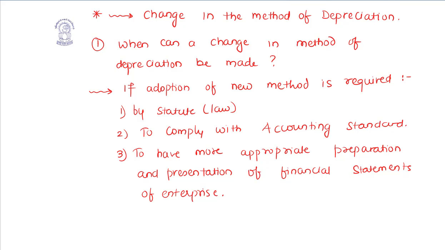The first case is by law, by statute. The second case is to comply with the accounting standard. Supposing there is a change in the accounting standard, and it wants you to change the method of depreciation, you need to change it because you have to comply.